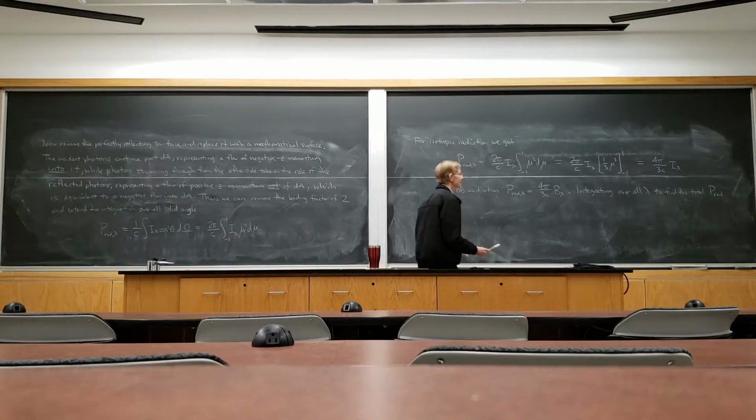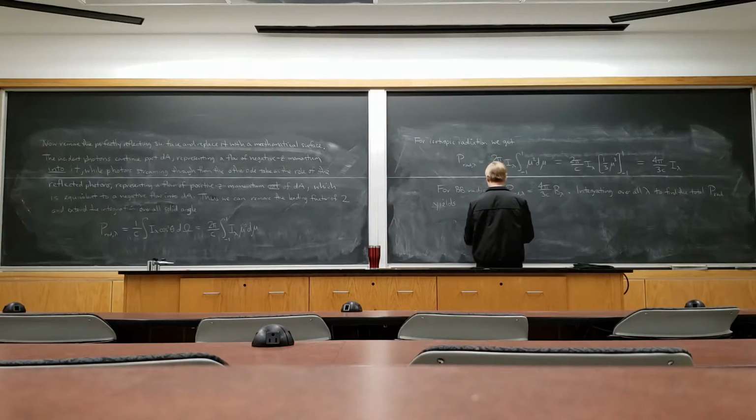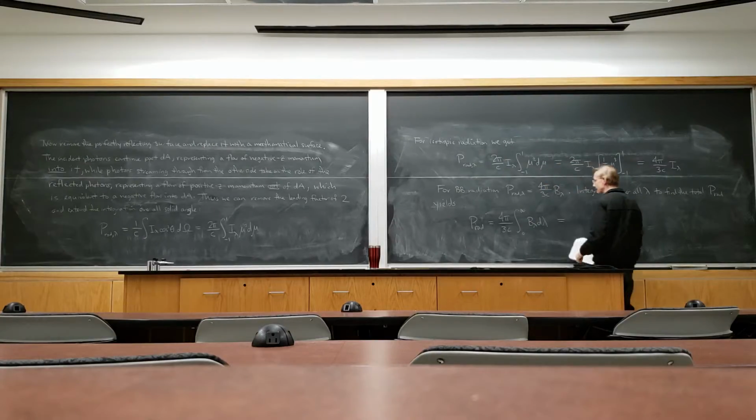So that yields P rad for black body radiation, 4 pi over 3c times the integral from 0 to infinity of B lambda, but that integral is sigma T to the 4th power over pi.